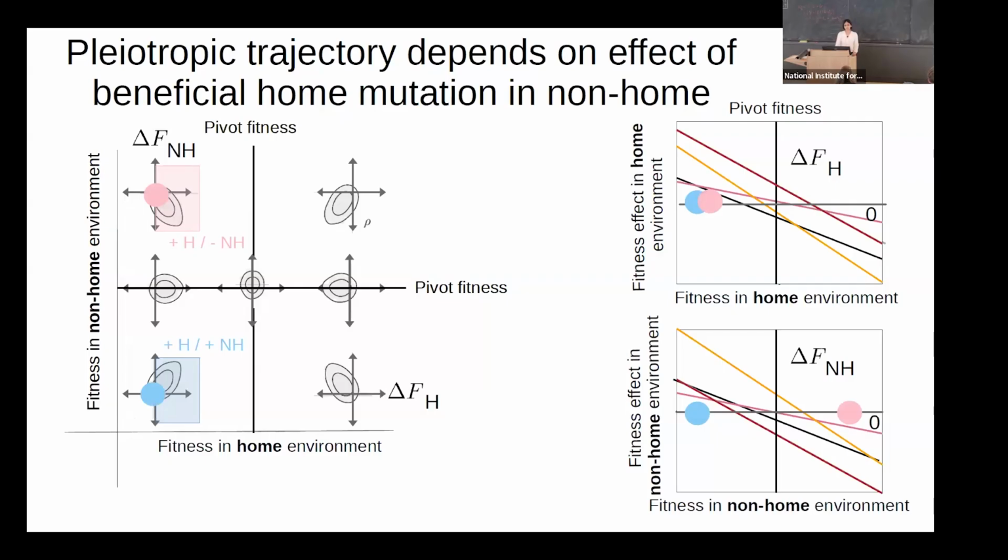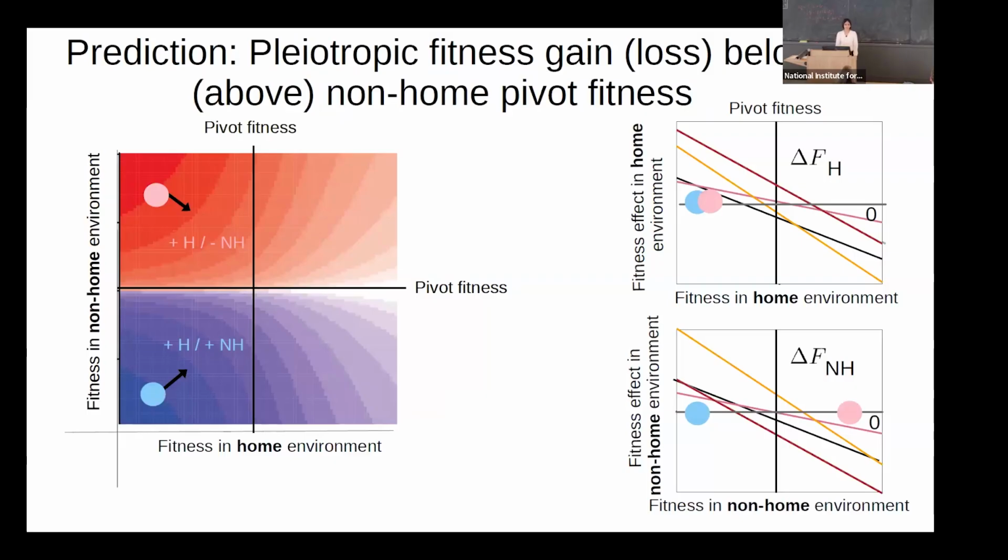And so from this, you can calculate these statistics which predict these trajectories, and we get something like this, right? So we expect that if there's a genotype which simultaneously has low fitness in the home and non-home environments, we expect pleiotropic fitness gain, and if there's a genotype which has low fitness in the home environment and high fitness in the non-home environment, we expect a pleiotropic fitness loss.